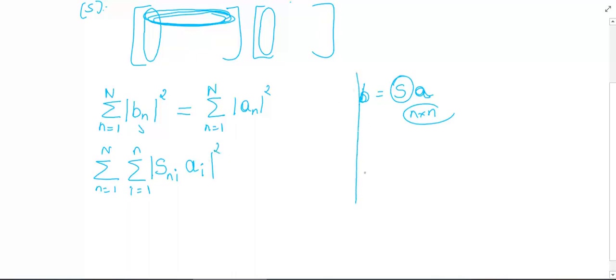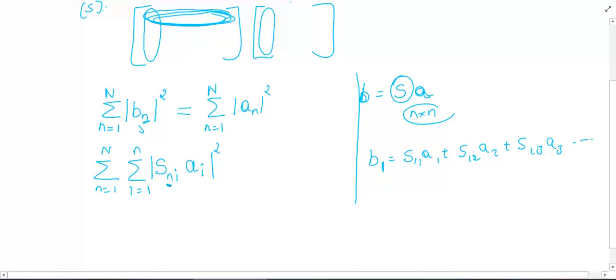If you are confused here, check your notes or the previous video where we had considered b1 is equal to s11 a1 plus s12 a2 plus s13 a3 and so on, right? So if n is one of the variables, that first term n is a fixed one, 1 everywhere.